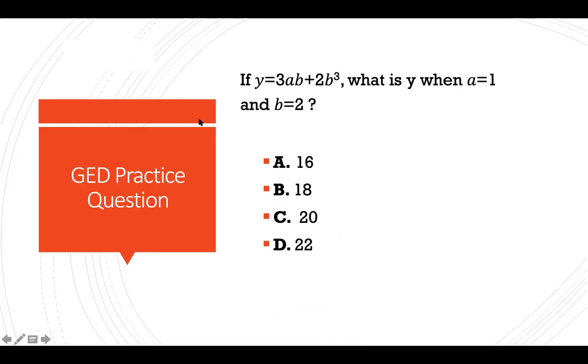All right, let's try this next one. It says if 3ab plus 2b cubed is equal to y, what is y when a is equal to 1 and b is equal to 2?